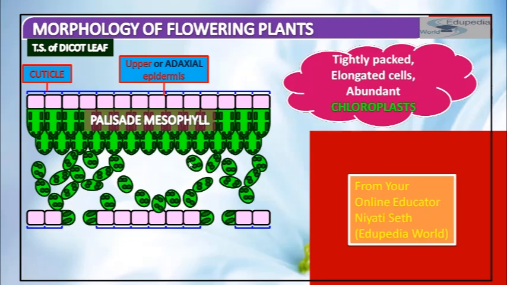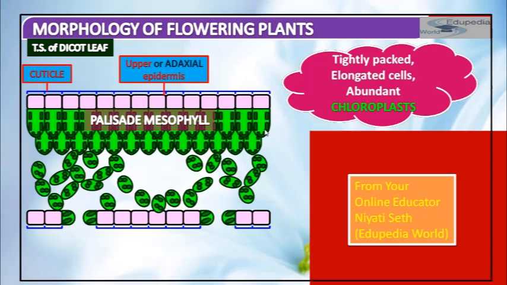These cells contain very few chloroplasts. And what about palisade parenchyma? It is composed of 2 or 3 layers of elongated, compactly arranged parenchyma cells, and intercellular spaces are absent. Can you see intercellular spaces in the palisade mesophyll? No.